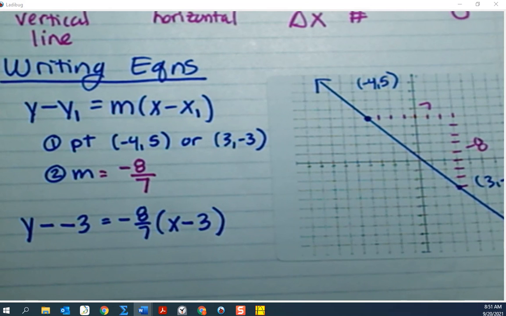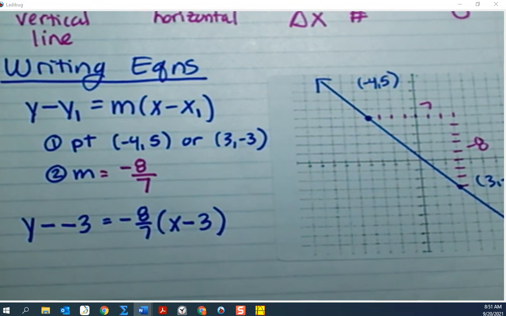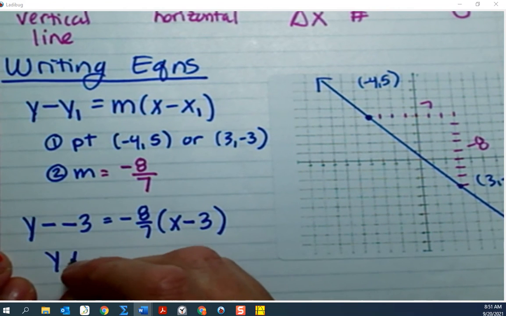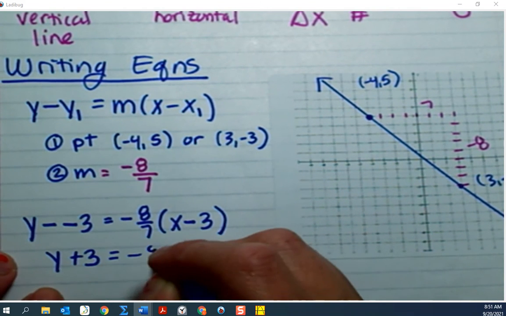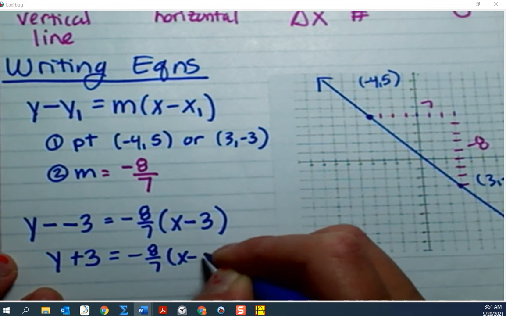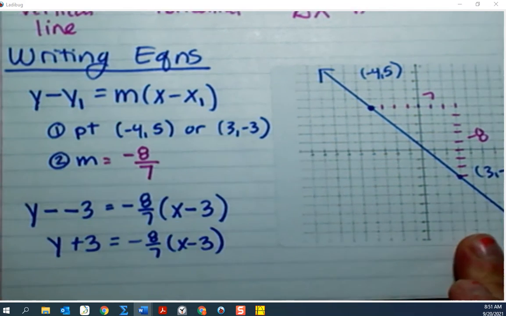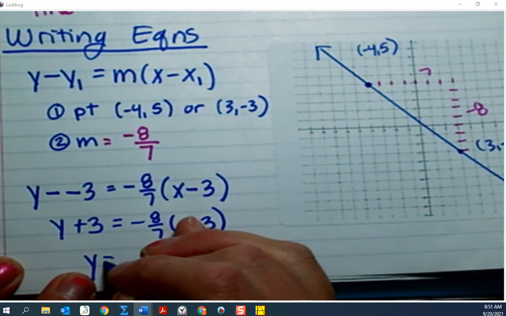This is why mx plus b is not the best choice, because this does not multiply nicely. Finding the b value is not very helpful. Okay, now I am, however, going to sort of combine some of these signs here. So this is y plus 3 minus 8 over 7, and I am going to put it in y equals format.